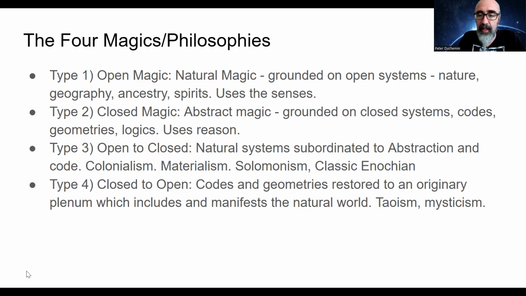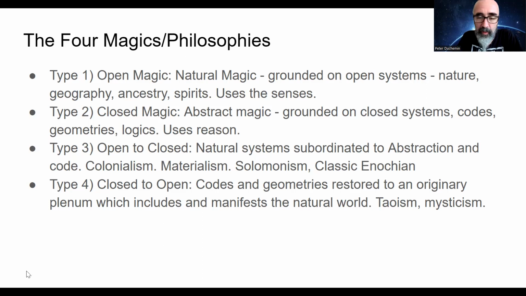And of course, Enochian, as practiced by John Dee, also has this. It's very, very abstract, very built on codes, and it makes language the primary reality. And then finally, we have the type 4, which I have an affinity for, which is closed systems to open. So this is the threshold where codes and geometries are given back to the natural world.